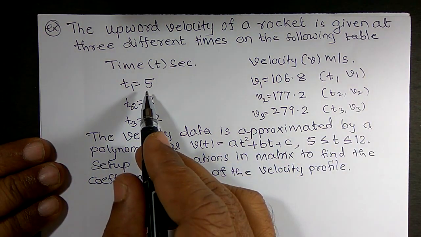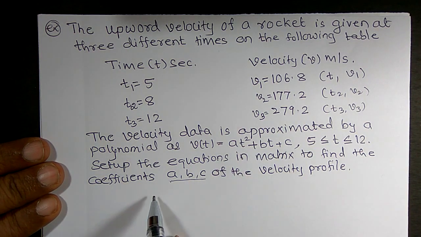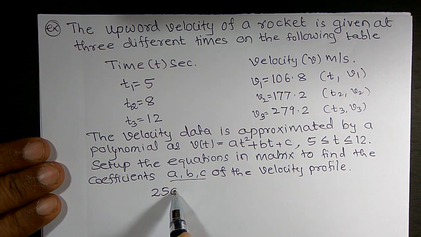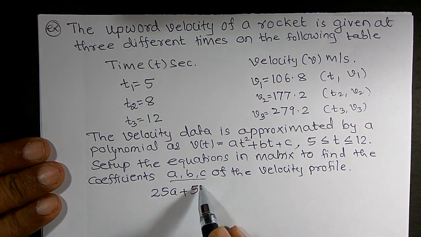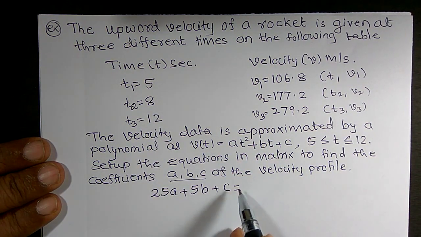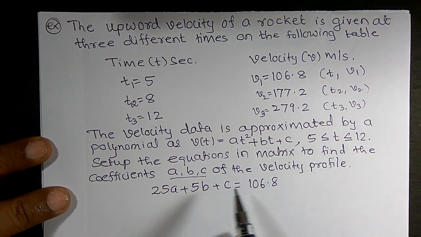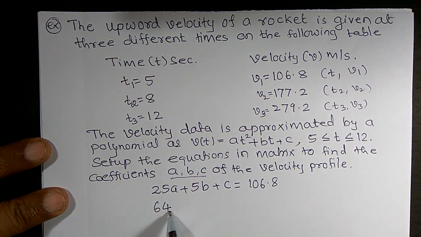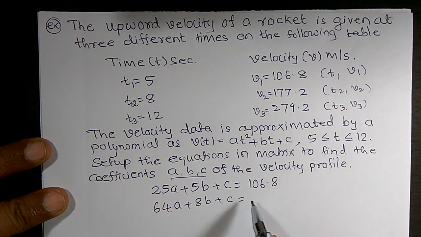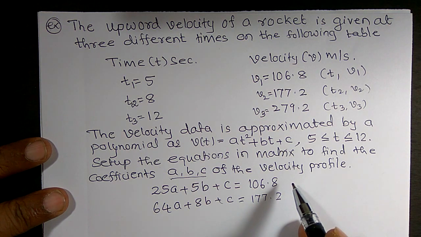So what is the value of t1? t1 is 5. If I replace t by t1, 5 square, 25a plus 5b plus c is equal to 106.8. Another equation is t2 equal to 8. 8 square is 64a plus 8b plus c is equal to 177.2.